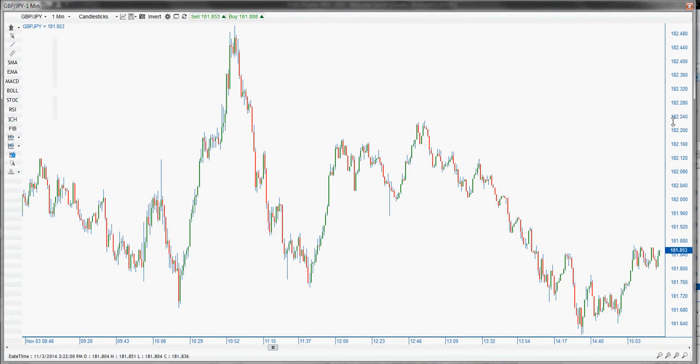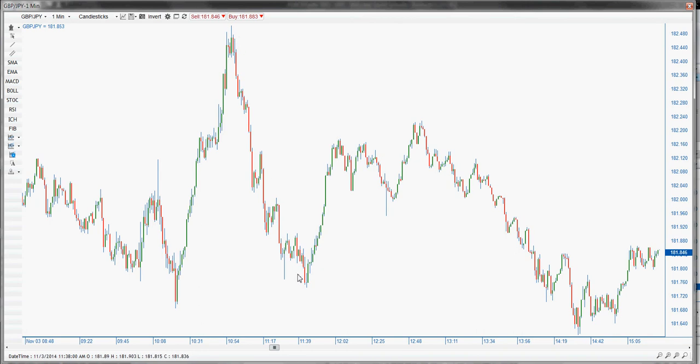So the first thing I looked at, from the very top to the bottom, is whether this is impulsive enough for me. The count is not 100% clear. I could count it, but without getting too crazy, I just want to say that it's not unreasonable to count this as impulsive.